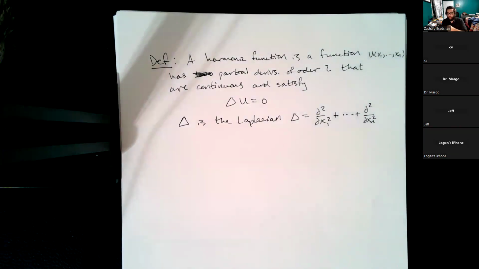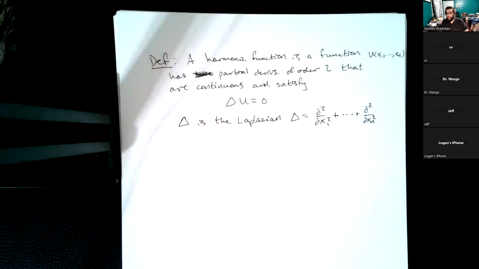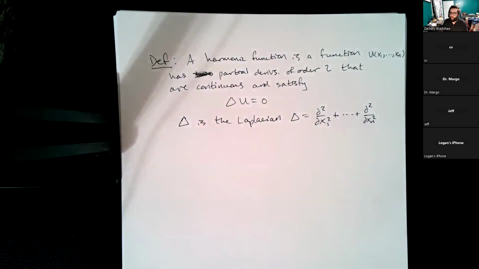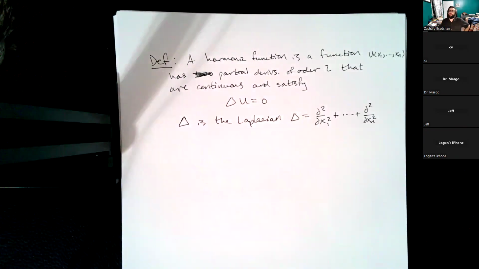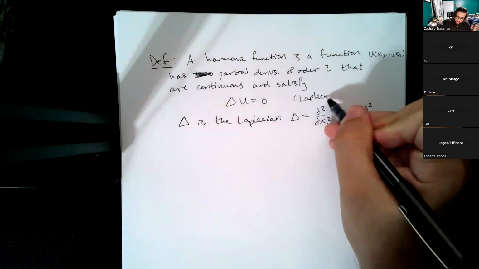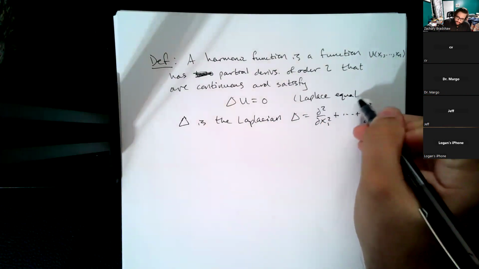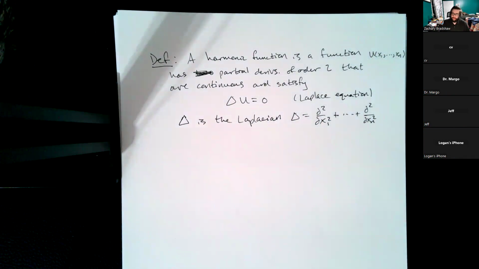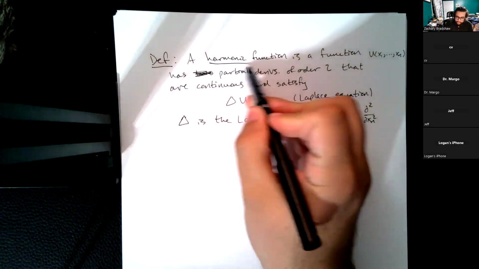Okay, so any function u in several variables whose sum of second derivatives is 0 satisfies the Laplace equation. And we call such a function a harmonic function.